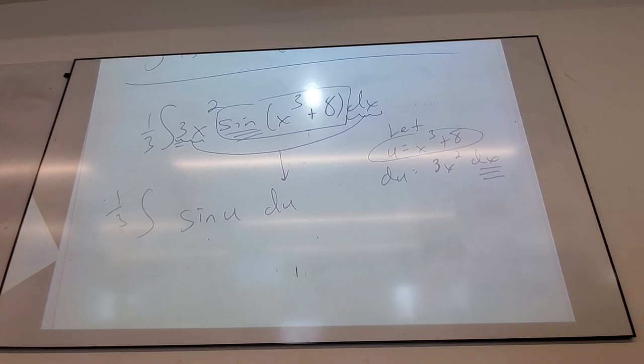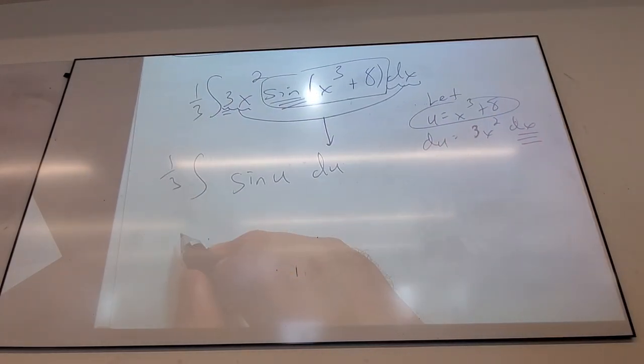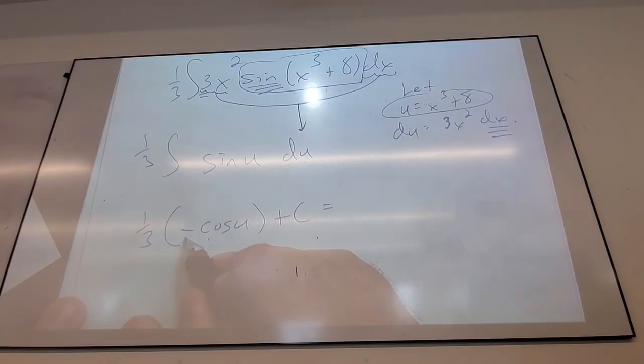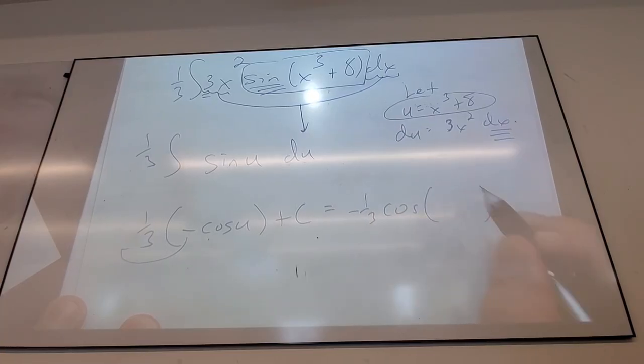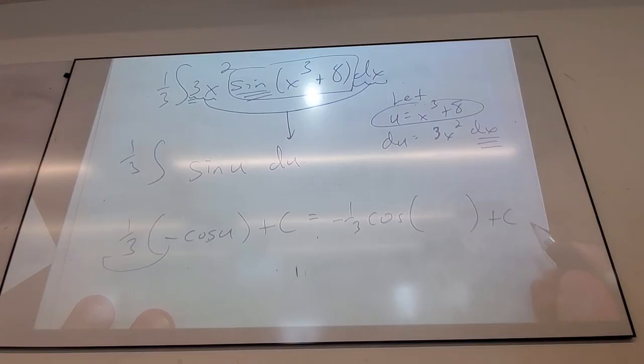What is the integral of sine of u du? Yes? So this would be 1/3 negative cosine u, just to write it weird for a second, plus c, and then how do I finish this off? So this would be negative 1/3 cosine of, I didn't start with u's, I better not end with u's, 3x to the third plus 8.